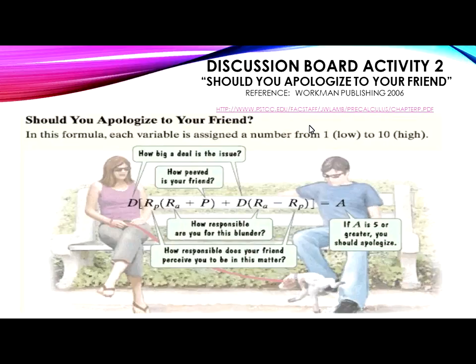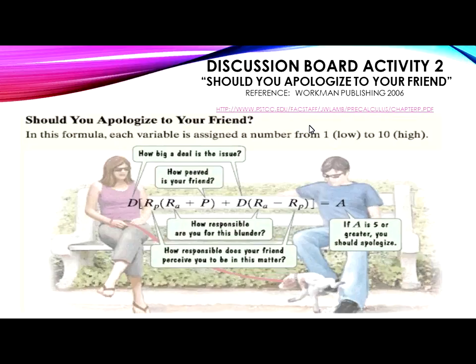Here's a formula, called the Greek logic, used to represent real-life situations. In this example, students learn how to apply formulas to real-world problems. The formula is given, and each variable in it is assigned a number between 0 and 10. And of course, the R sub P is different than R sub A.